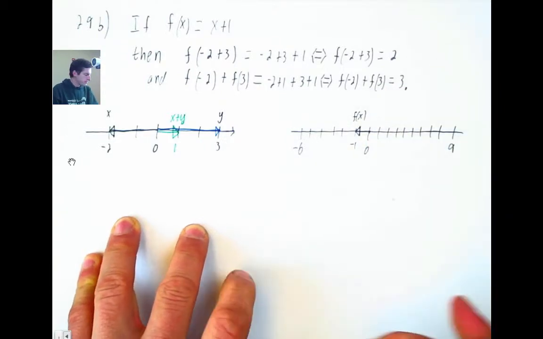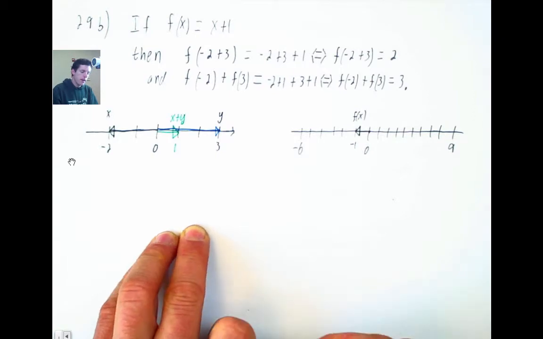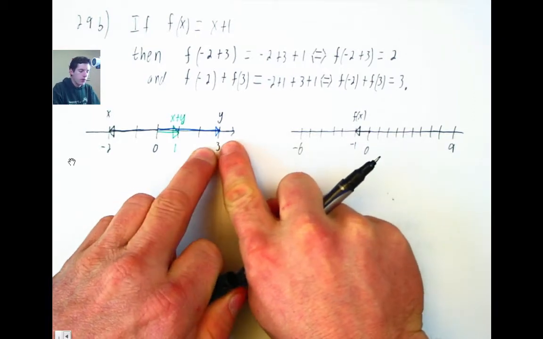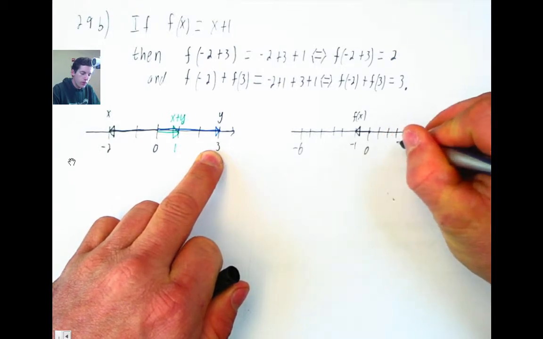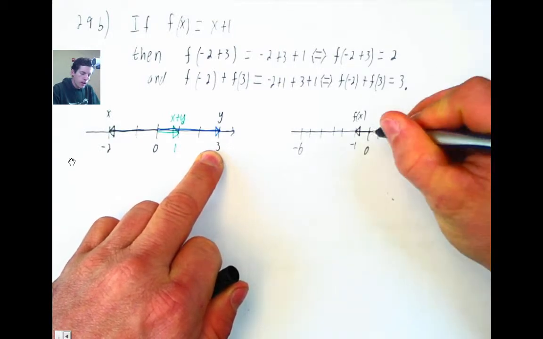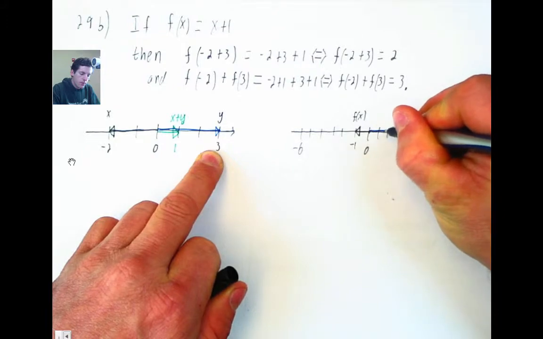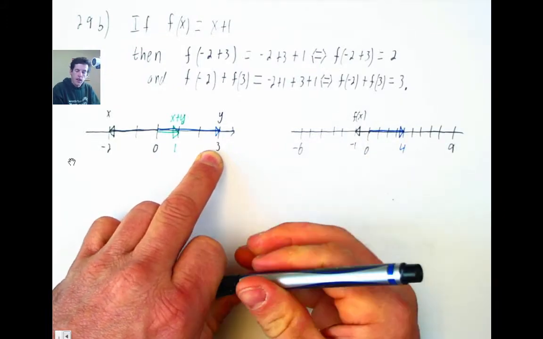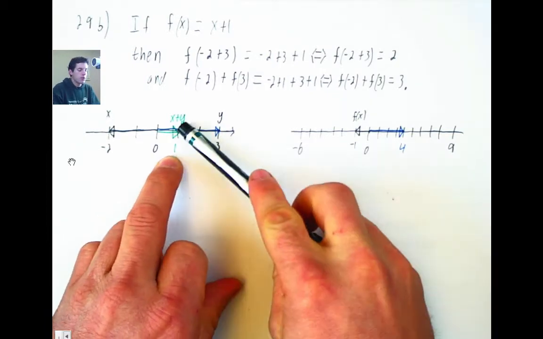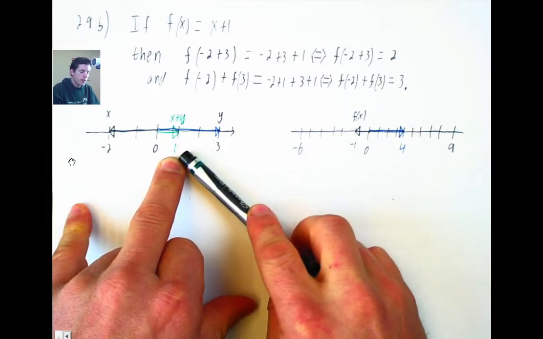And then in blue, I look at y. Y was 3, and 3 gets taken to 4. 1, 2, 3, 4. And in blue, I draw 4. Okay, and then in green, the x plus y, 1. 1 gets taken to 2.